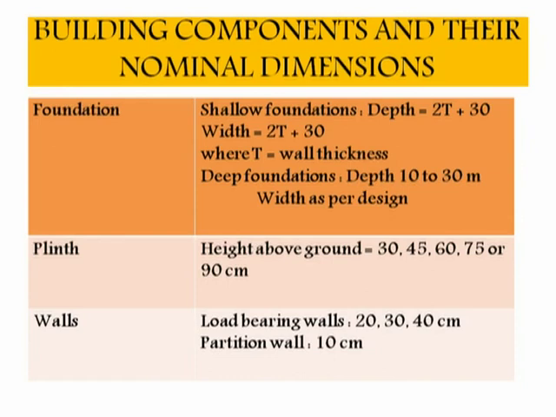For deep foundation, the depth may be 10 to 30 meter depending on the width. For example, the width of the foundation for a 30 centimeter thick wall will be 2t plus 30, means 2 into 30, 60 plus 30, means 90 centimeter. So the width of the foundation for the 30 centimeter wall will be equal to 90 centimeter.